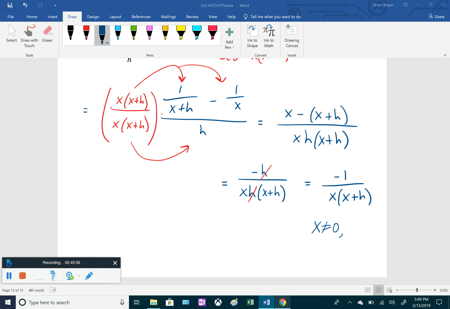So h can't be 0 either. And lastly, this factor of x plus h in the denominator of our last answer cannot be 0. If we set that equal to 0 and solved it for x, that would mean x cannot equal negative h. So that comes from x plus h not equaling 0. Subtract h on both sides, that gives us that.